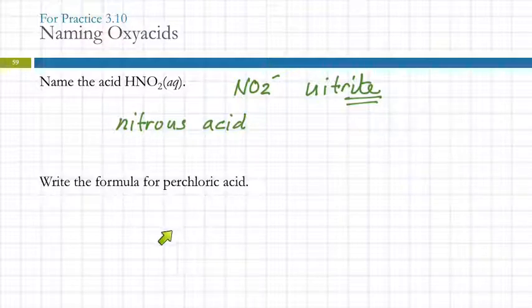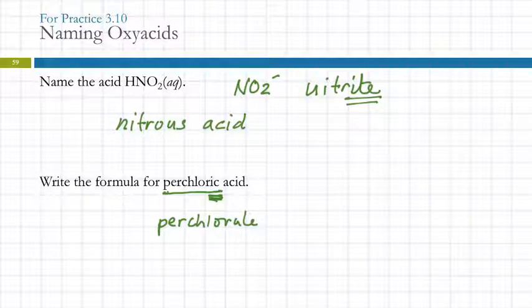Okay, let's look at this formula. Write the formula for this acid, perchloric acid. So because there's no hydro prefix, I know that this has an oxyanion in it. So perchloric, that ic changes to ate. So this is perchlorate ion with hydrogen ions added onto it.